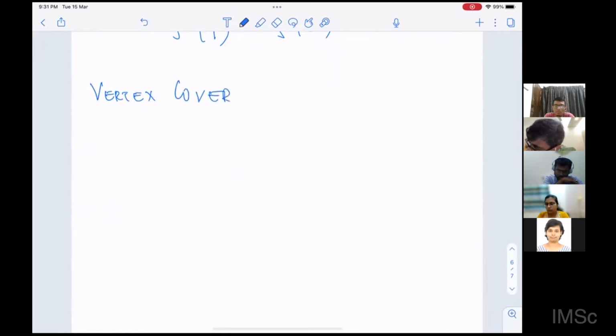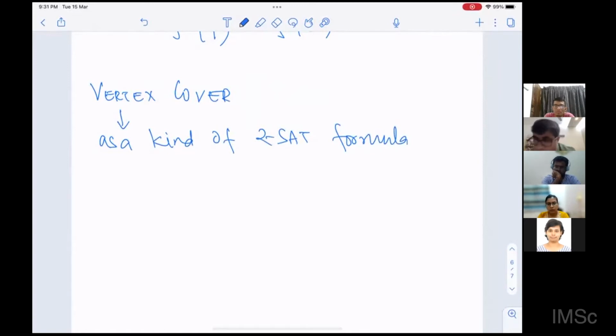Vertex cover as a kind of two-SAT formula. Suppose I just wanted to write down that from every edge, at least some vertex should be picked. How can I write that?